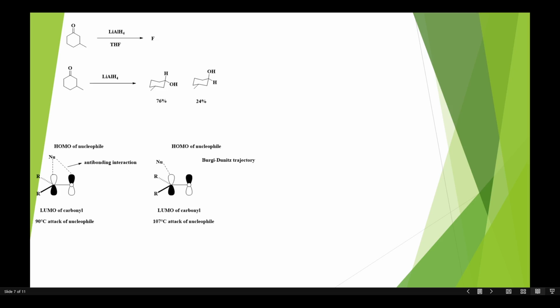If the carbon-X bond is a sigma bond, then its sigma star lies at 180 degrees. That's why the nucleophile attacks from 180 degrees. It will always attack from that position.